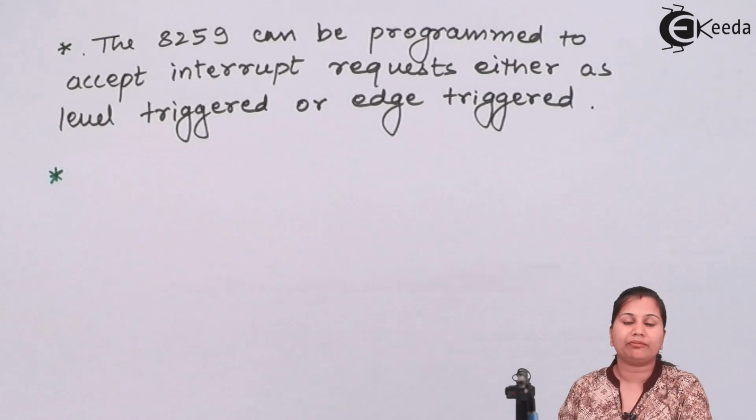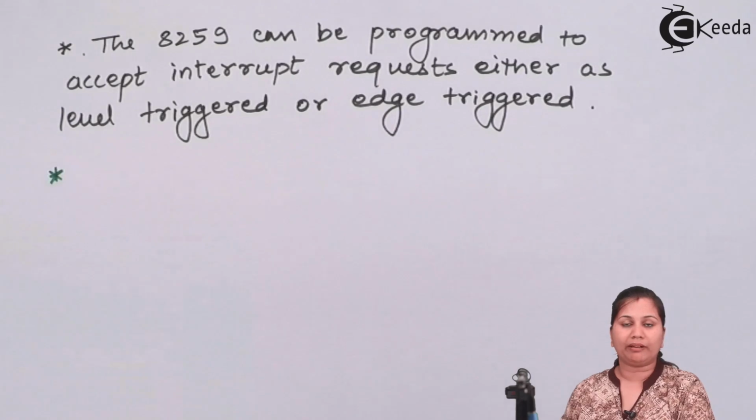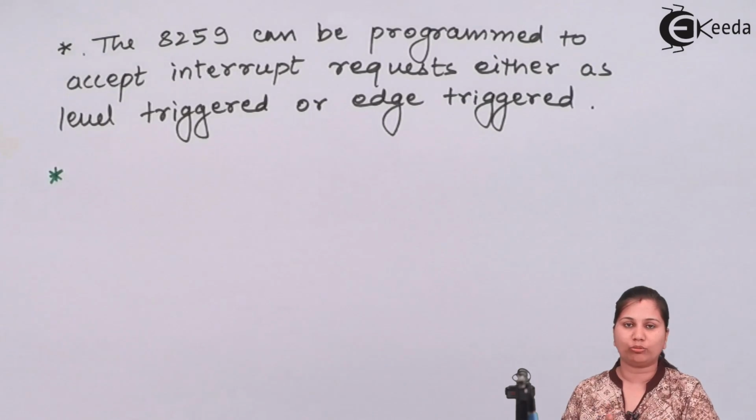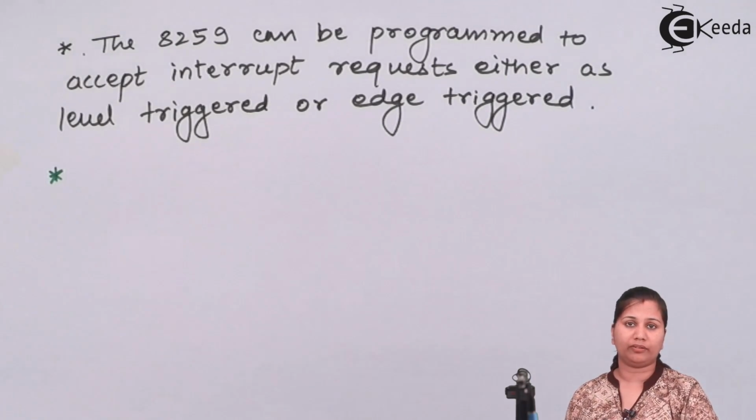Now with 8259, we have the facility that it can handle 8 interrupt pins. Means 8 interrupt requests can be handled at one time. Now if we want more than 8 interrupt requests, how are we going to do this?